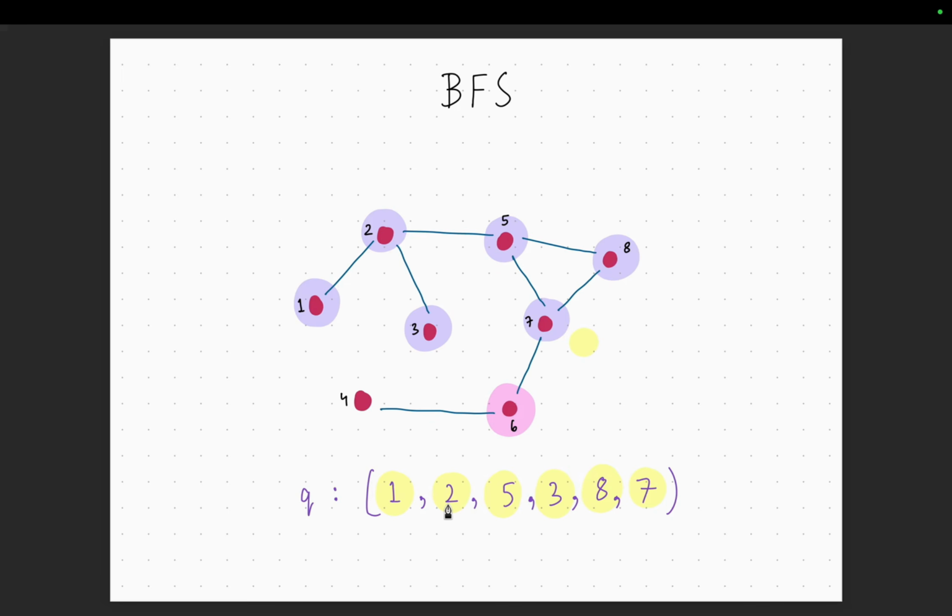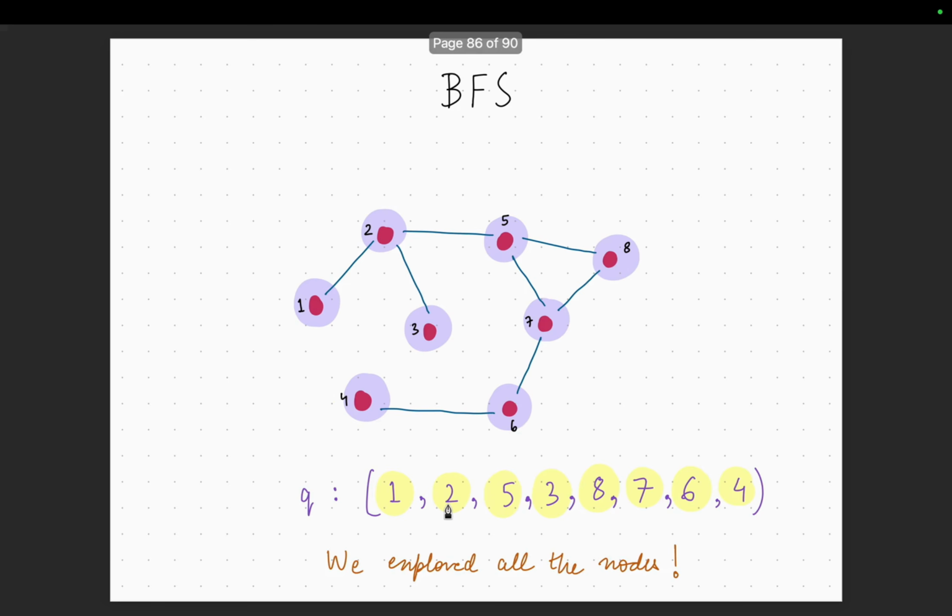The only one is 6. So you add 6 to the queue and you mark it explored. Next you dequeue 6, enqueue its unvisited neighbors, and mark them explored. And yeah, we're done. Almost. You dequeue 4 and yep, done. Because 4 has no other unexplored neighbors.